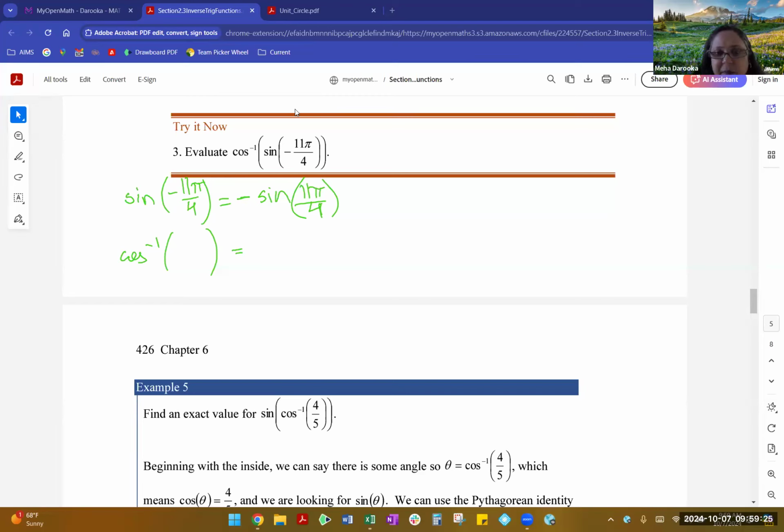Alrighty, let's see. I've got a couple more answers. So yeah, Mickey, we're not using the calculator in this. We are looking for exact answers, so I do not want decimal answers. So the first question is, where will 11 pi over 4 fall on your unit circle here, guys?